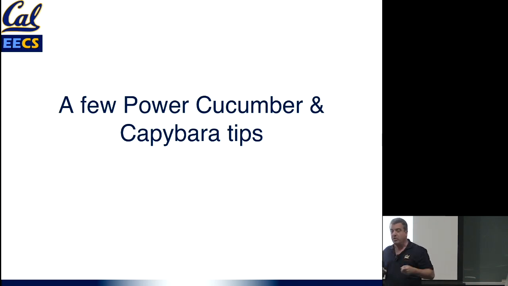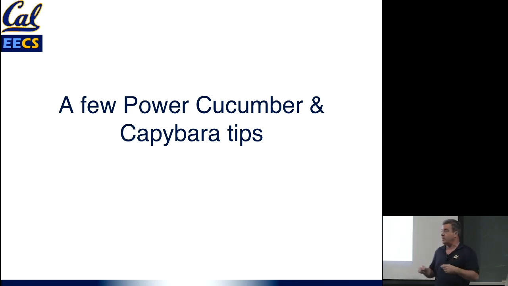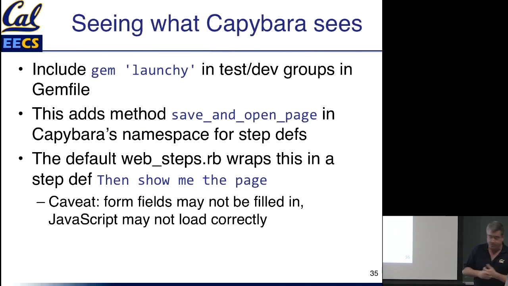And a really good way to get a sense of what it does, if you're inheriting a legacy code base, is to look at the step definitions and the Cucumber scenarios that are already there to give you a sense of what's possible. But here are a few generic power user tips that you may find useful as you're trying to develop your scenarios. Seeing what Capybara sees.